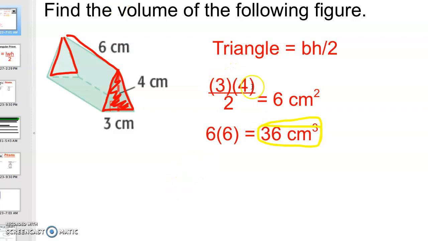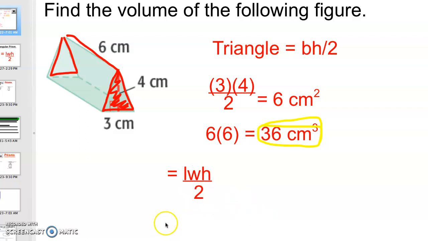So we did the length times width and then divided by 2, and then we multiplied by the height. Well, remember the volume of a rectangular prism's length times width times height, and triangles are half of a rectangular prism. So it's length times width times height, and again, it's half because it's a triangle. 2 triangular prisms make up a rectangular prism. So it's just length times width times height divided by 2.